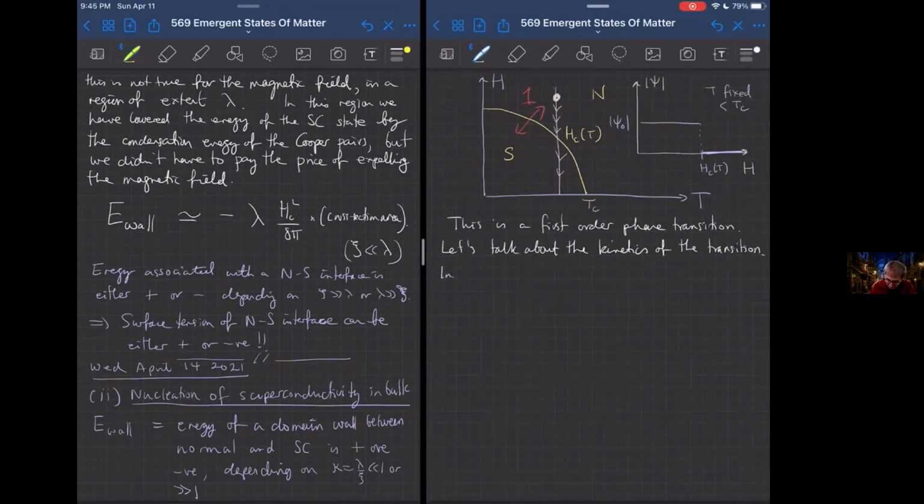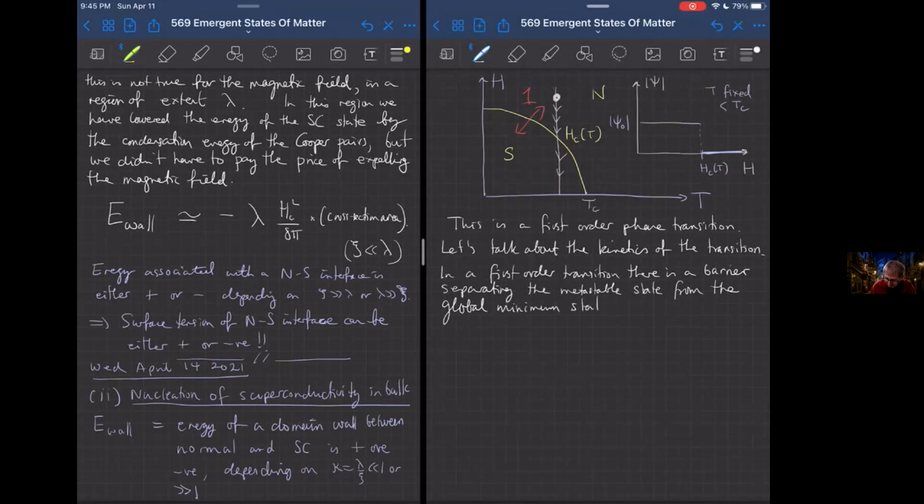So in a first order transition, there's a barrier separating the metastable state from the global minimum state.